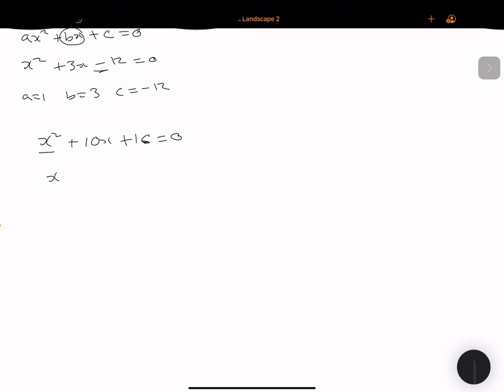So we can write out two brackets where x is in the multiplication of the factorisation. Okay, so it's what adds to make this, and times to make the final c.